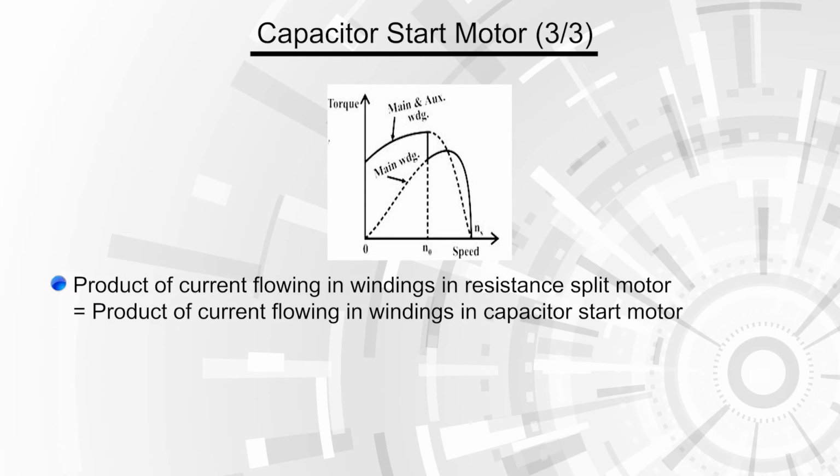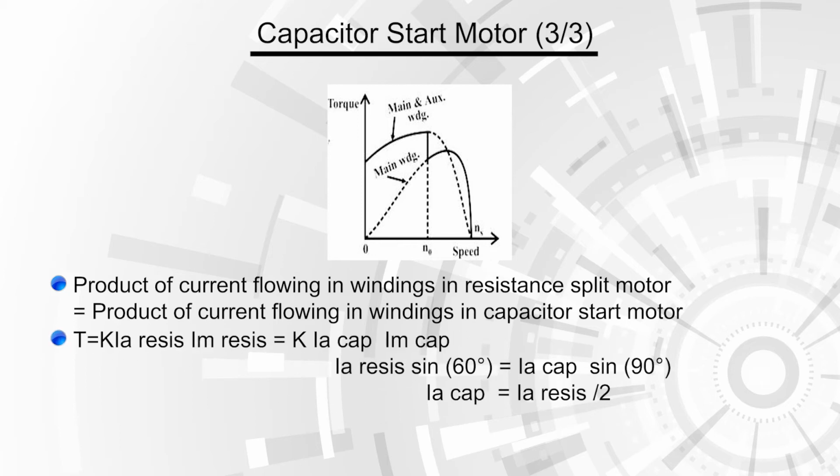So, we can say that the product of the currents flowing in the windings in the resistor split motor is equal to the product of the currents flowing in the windings in the capacitor start motor. So, IA resistive into IM resistive is equal to the current flowing in the auxiliary winding in the capacitor motor and the current flowing in the main winding in the capacitor motor.